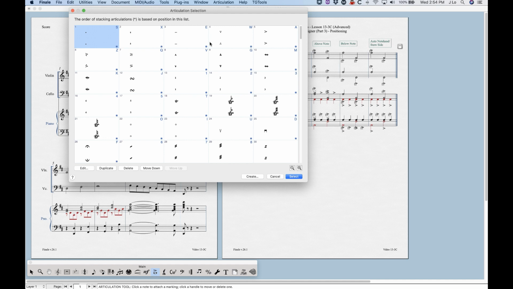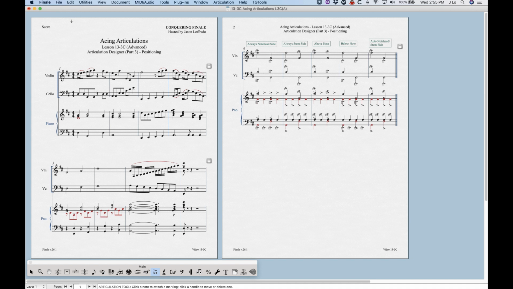In other words, every single articulation is going to have its own set of positioning, and there are many options, and all of the articulations need those options, and you'll see why as we get going. There is a way to globally, or in a selection, move the articulations up, down, left, or right, or whatever you need, but there is no global setting for the position of articulation.